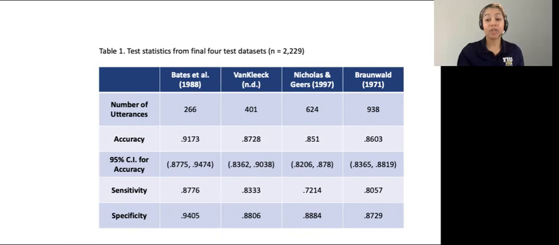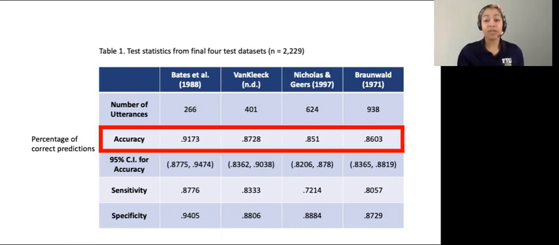So, as I had mentioned, we evaluated the model performance with 3 metrics that are commonly used with classifiers. So the accuracy metric is the percentage of correct predictions for the test data. Now, this model correctly predicted between 85% to 92% of the utterances, which is really, really good.